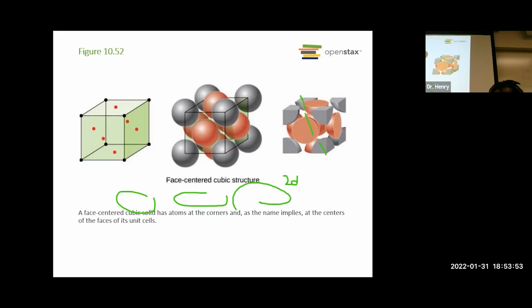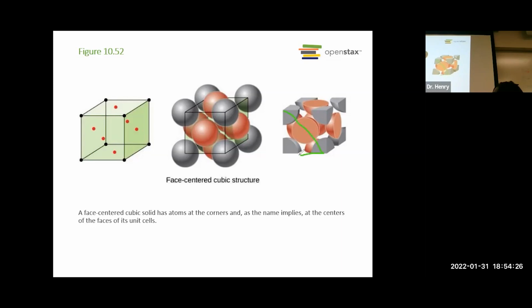Now this guy is face center, right? In the case of face center, now we have an atom in the center of that face. Again, these guys are not going to be touching each other. You're going to have a big atom right there in the middle, and that's going to be different than what we saw with body center. So in this case, here's our diagonal.